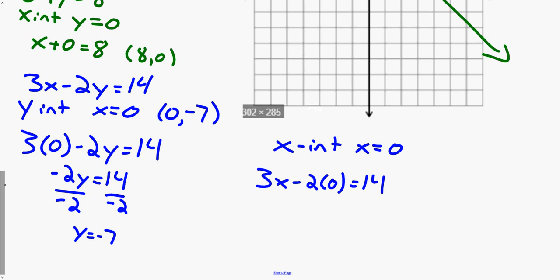The only problem is I'm going to end up with 3x equals 14, and 14 divided by 3 is a decimal number.